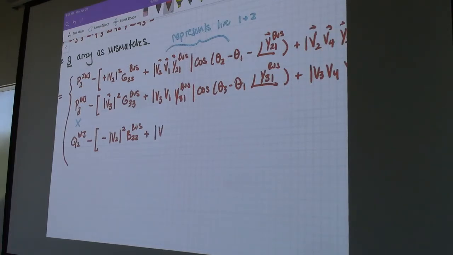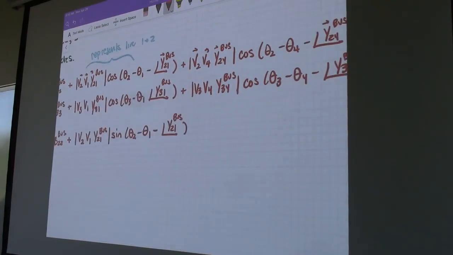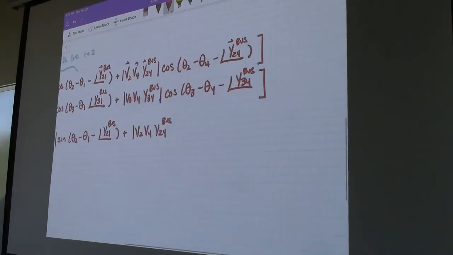Plus V2 V1 Y21 bus, sine theta 2 minus theta 1 minus angle of Y21 bus, plus V2 V4 Y24 bus, sine theta 2 minus theta 4 minus Y24 bus angle.